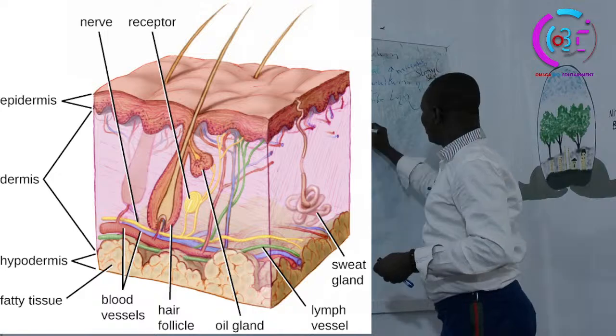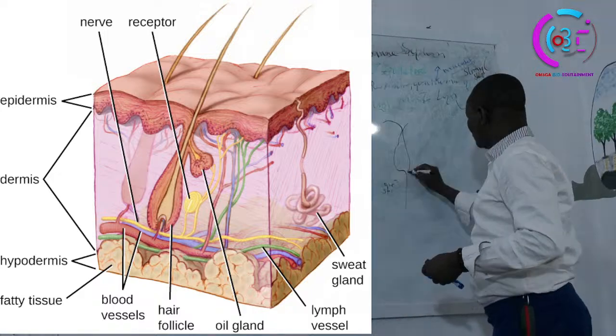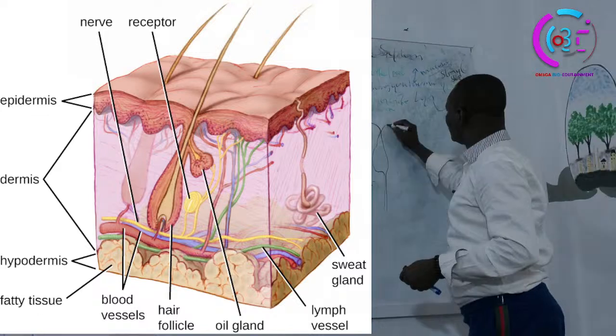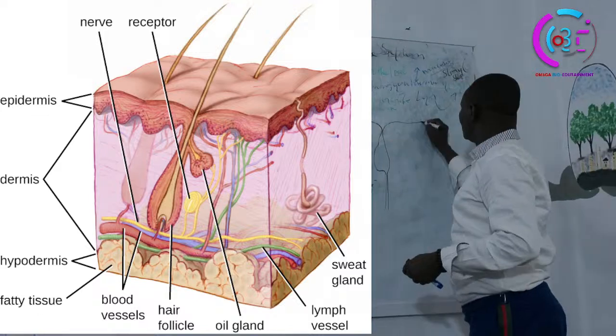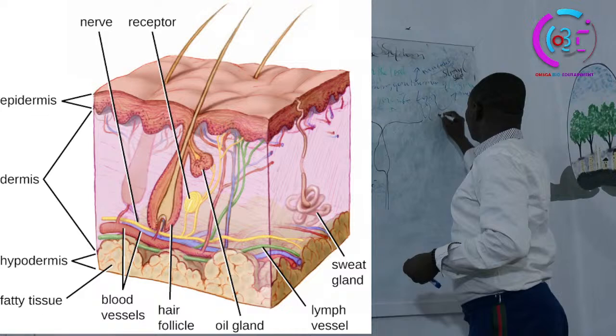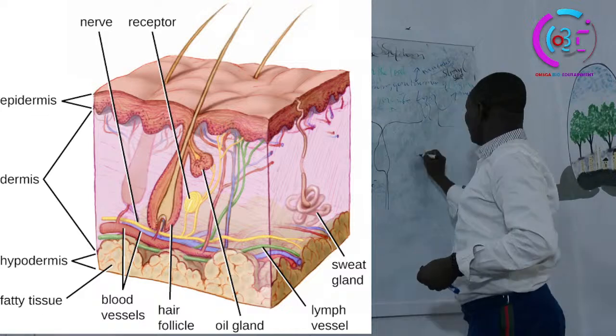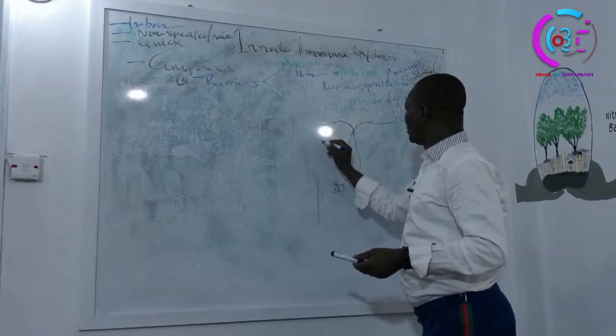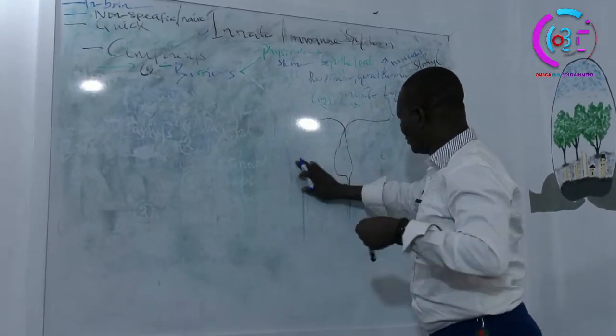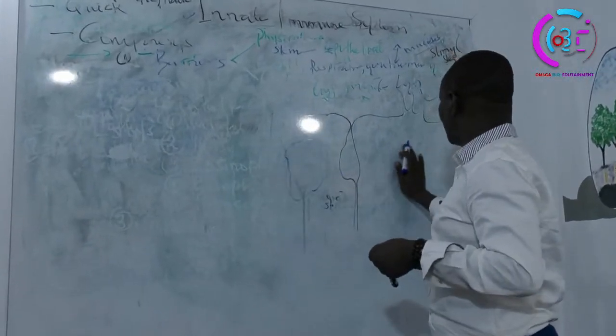So let's say these are two cells. Sorry, this is the nucleus.